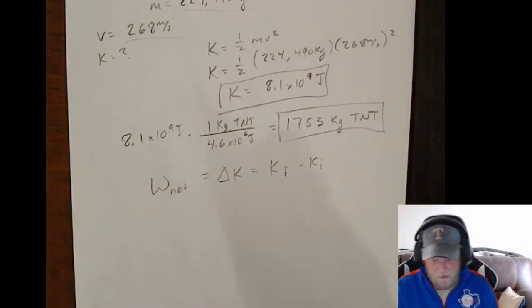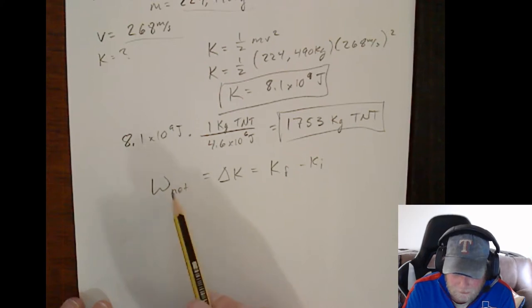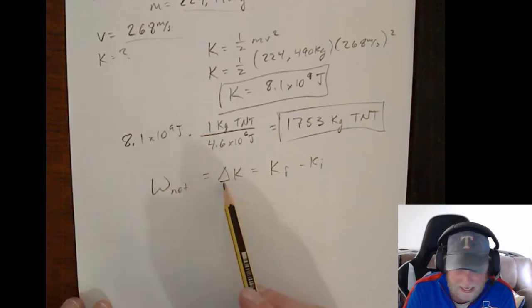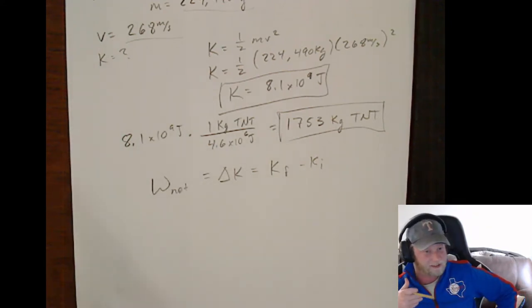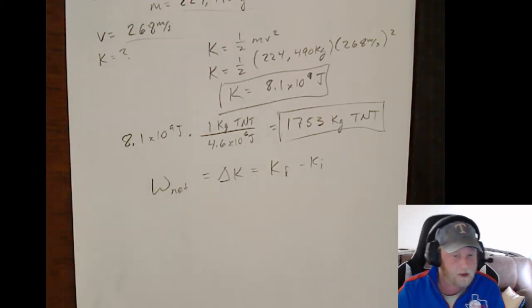So basically what the work energy theorem tells us is that if work is done on an object, its kinetic energy changes, right? So if, let's say, you've got a box that's sliding down a hallway and there's a frictional force doing work on it. Well, that frictional force is going to change its kinetic energy, right? It's going to bring it to a stop.